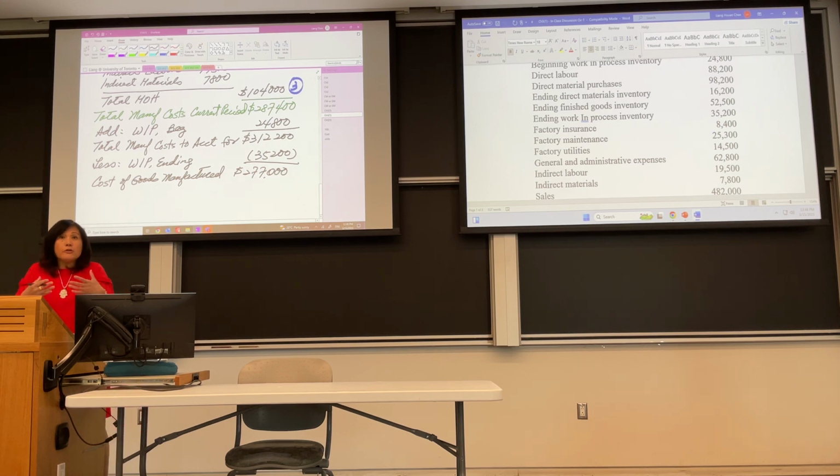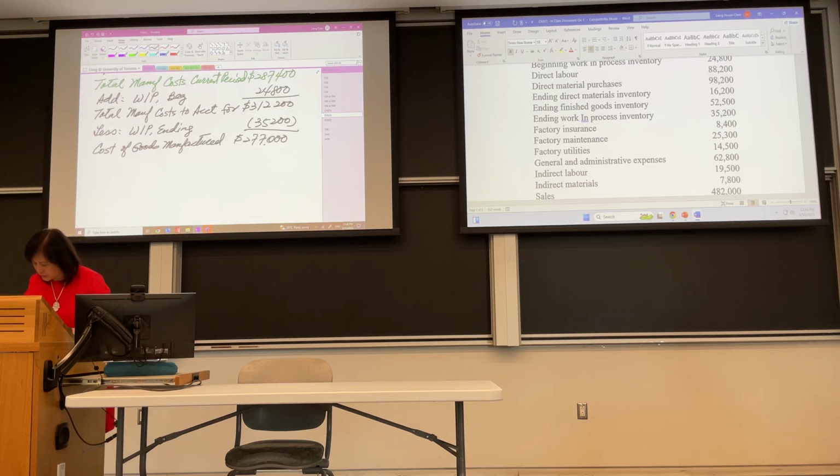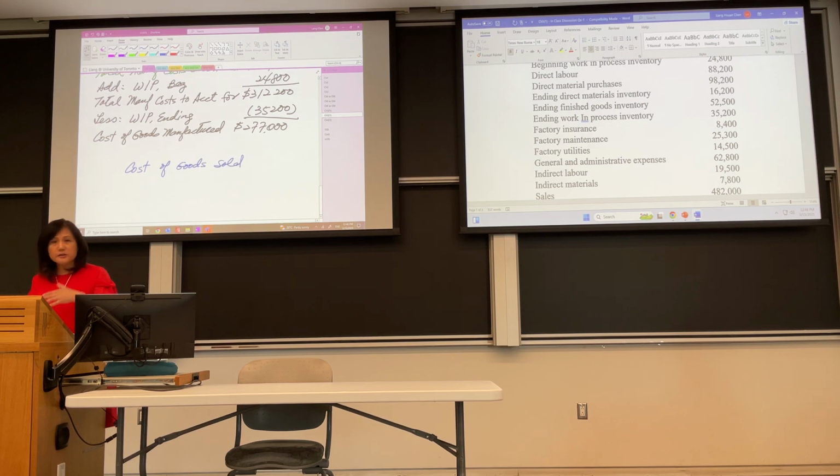Okay, so now you know cost of goods manufactured. You calculate cost of goods sold. As I say, if you don't have beginning inventory, ending inventory, or they are the same, it will be the same as cost of goods sold. Okay, so next one is cost of goods sold.